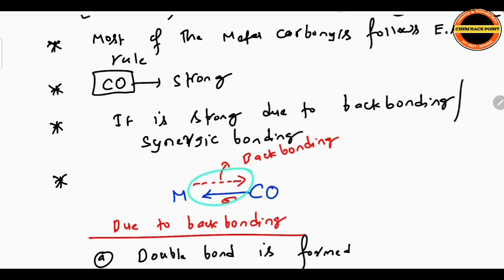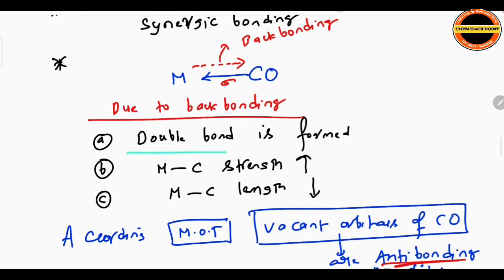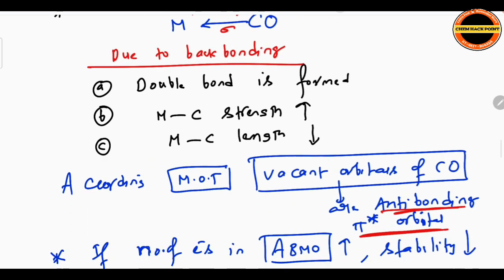Because of the double bond, bond strength increases. The overall result: due to back bonding, a double bond is formed and the metal-carbon bond strength increases, because a double bond is stronger than a single bond. Bond strength is inversely proportional to bond length, so the metal-carbon bond length decreases.